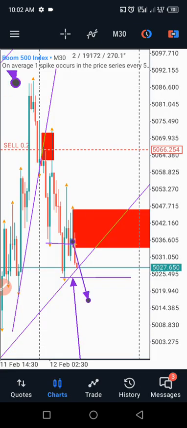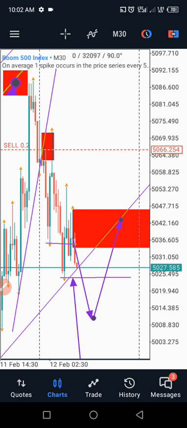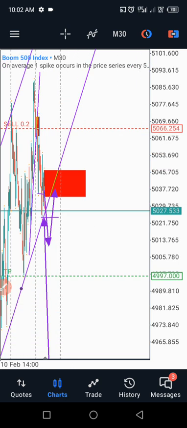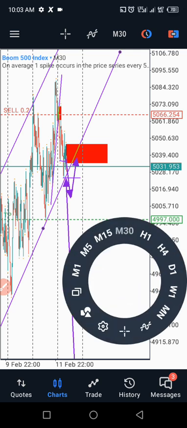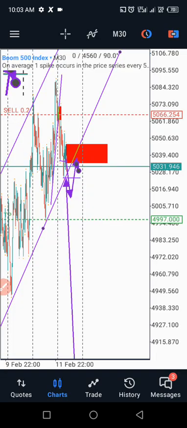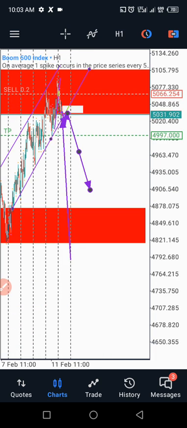So if it breaks out here, it's going to break out and then retest here. Once price retests this level, I'm going to take another entry, and then price is going to sell hard downwards to this particular order block level here on the 1 hour time frame. So this is how you want to position yourself in this sell, guys.